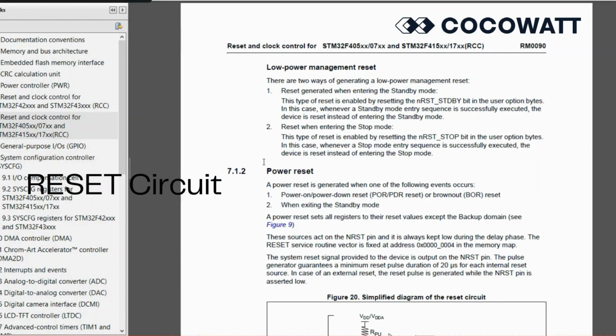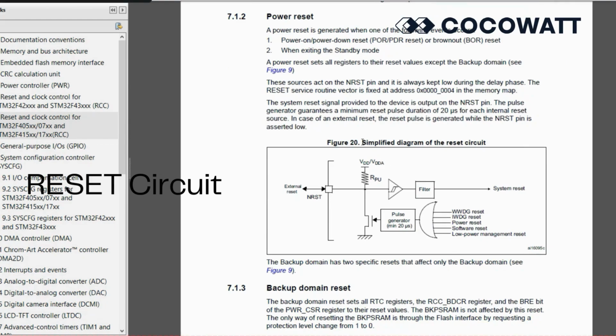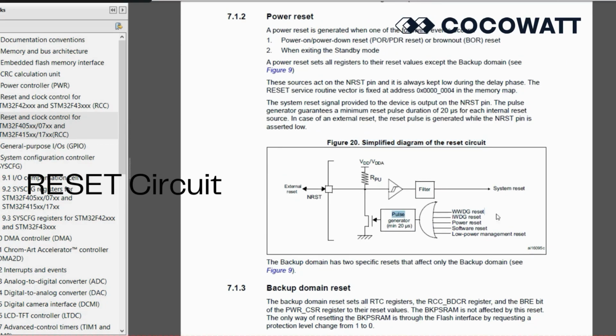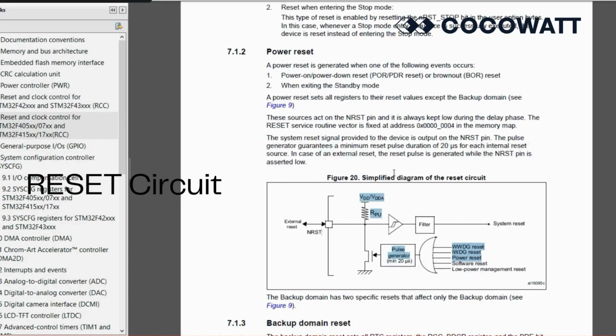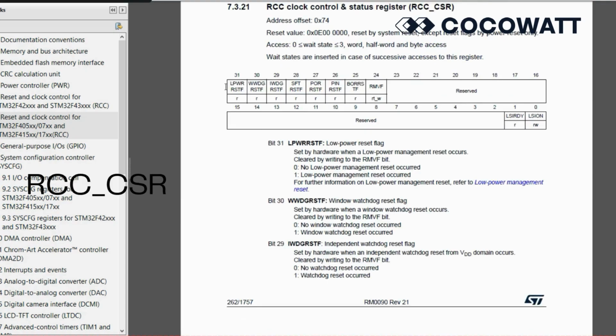Now, this is a simplified diagram of a reset circuit. Here you can see the NRST pin and the other resets. The reason for reset can be identified from the RCC clock control and status register by seeing these status flags.